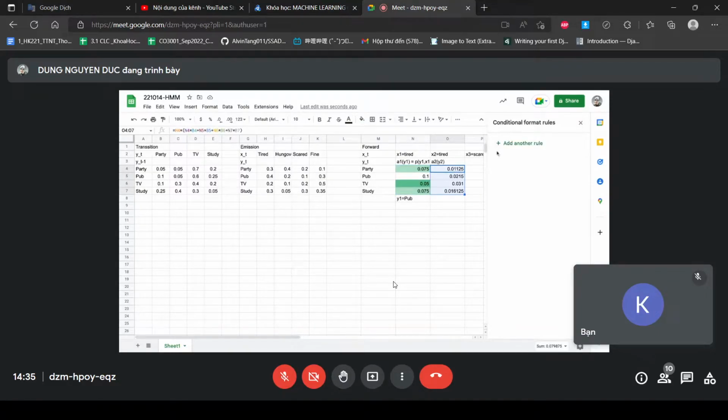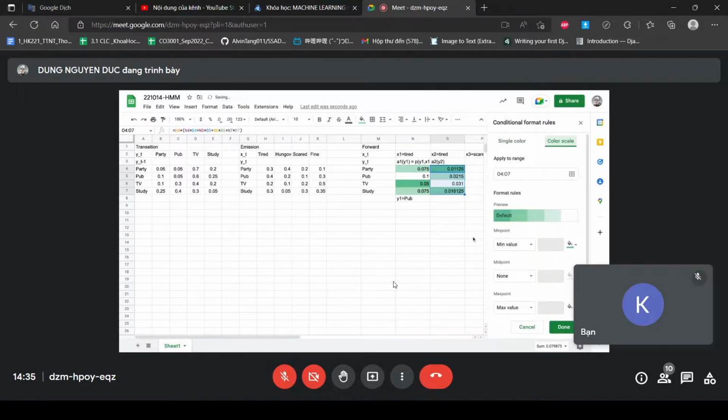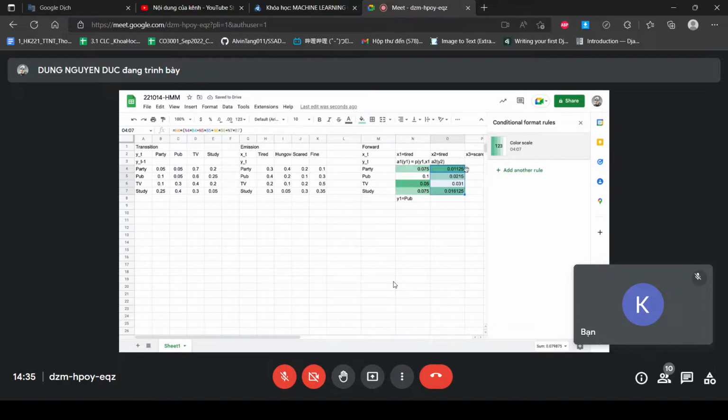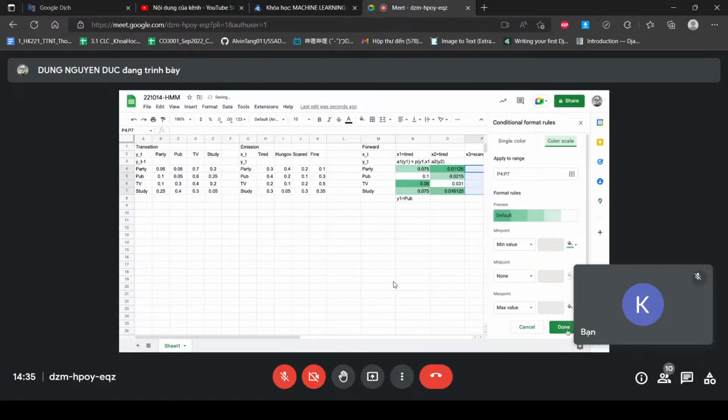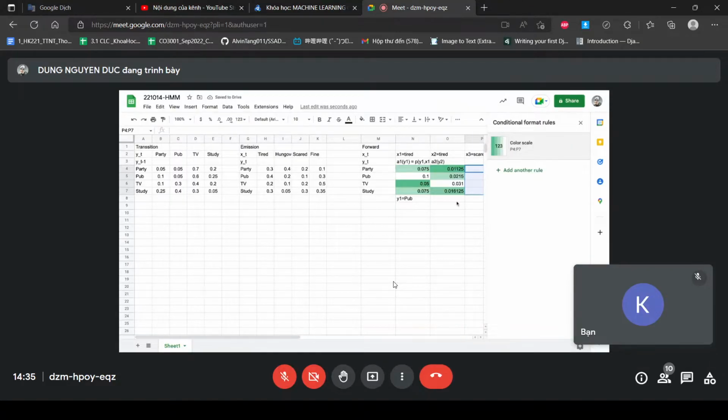This one, let me add another rule using color scale. I'm done with this. And this one, let me add another rule using color scale. I'm done. Okay, so here we go. In this case, I can easily give you y2 equals TV.